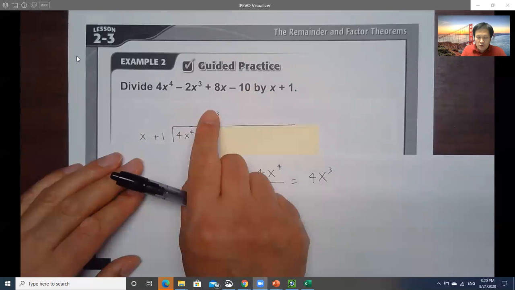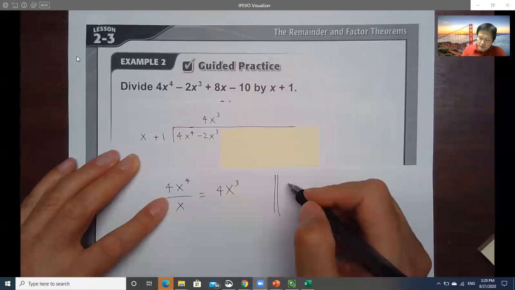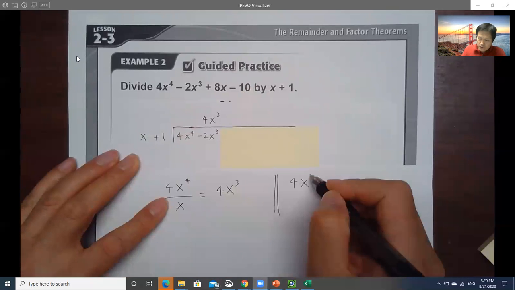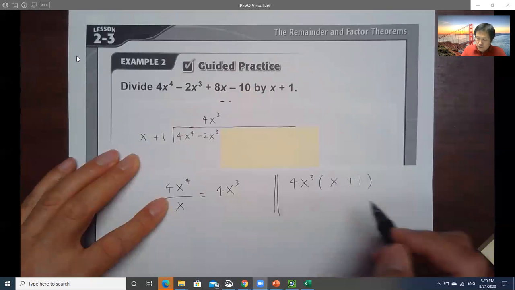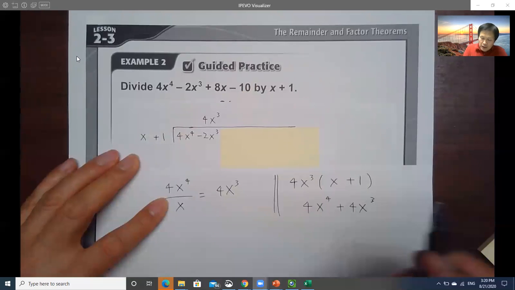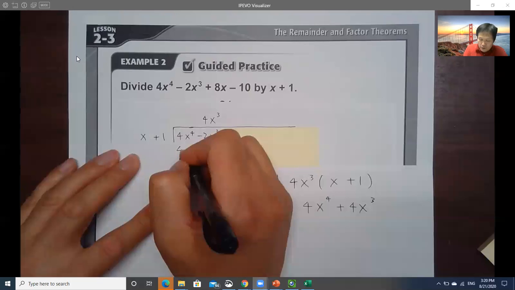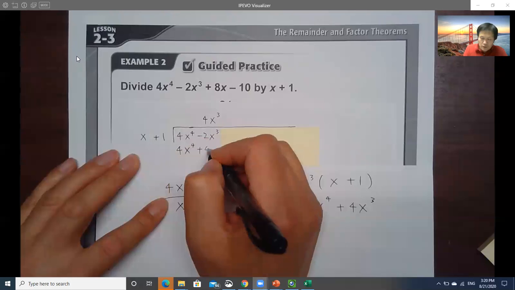Now you're multiplying, okay? So if you need to do that on separate piece of paper, do that. You're just distributing. 4x to the fourth power, multiplying by 1 doesn't do much. 4x to the third power, you're writing it in here. 4x to the fourth plus 4x to the third.